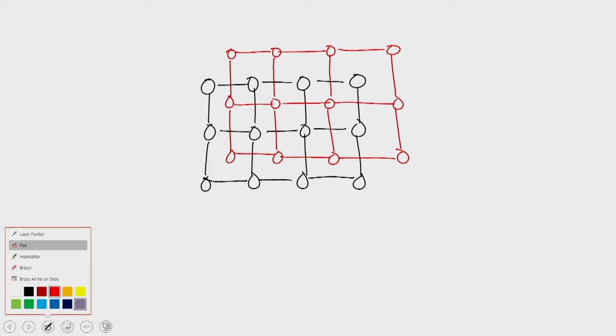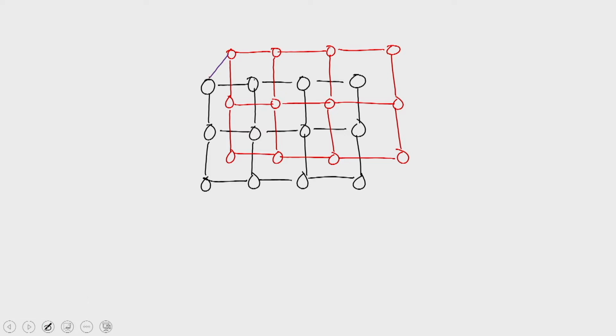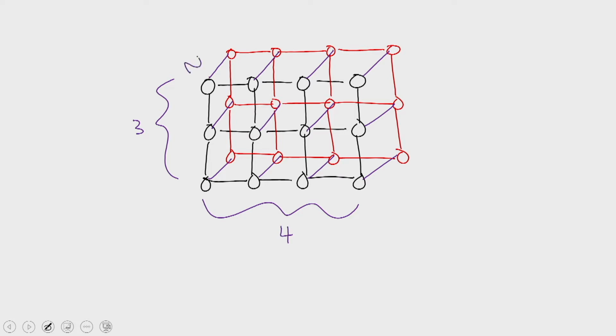And we have connections between the corresponding nodes. That forms a three-dimensional mesh. So, in this case there are 3 nodes along this dimension, 4 nodes along this dimension, and there are 2 nodes along this dimension.